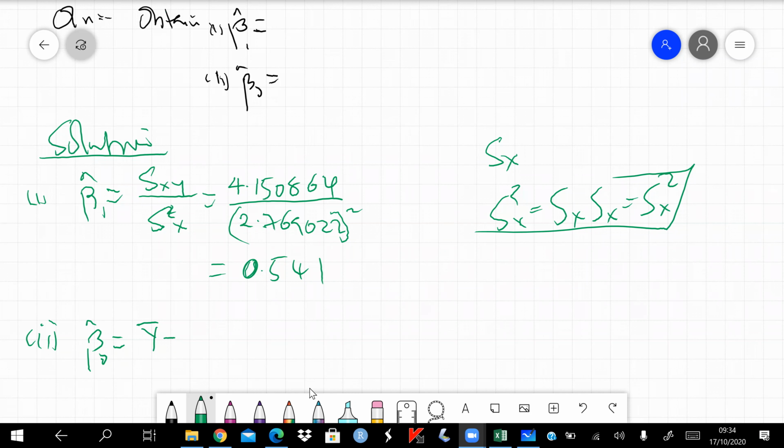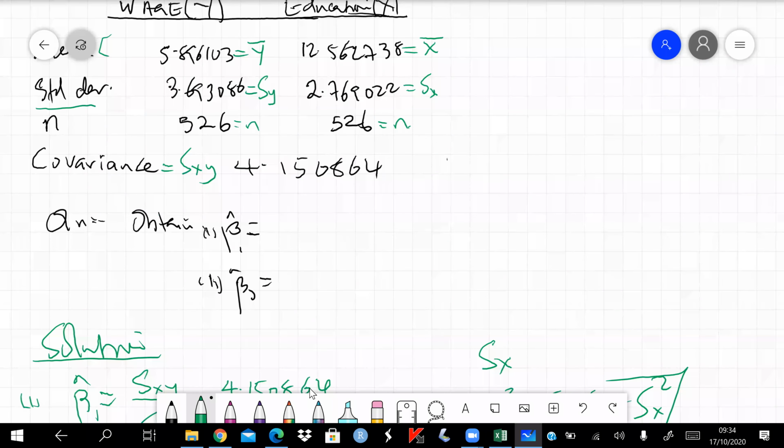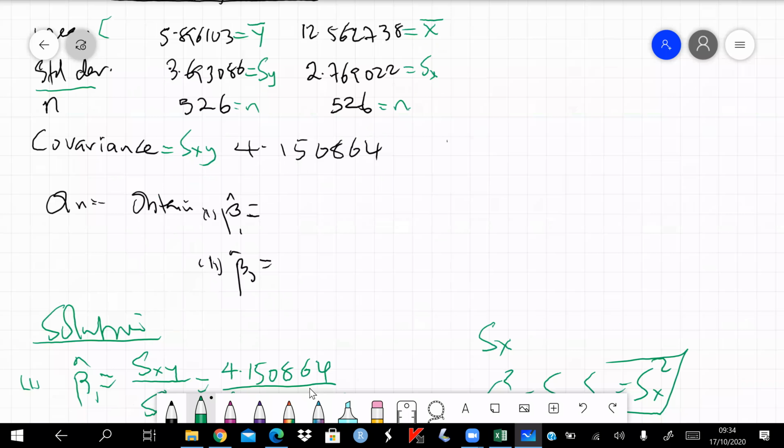The beta naught estimate is given by Y bar minus the beta 1 estimate times X bar, and we already have all this information. Y bar is the mean of Y, 5.89 something.